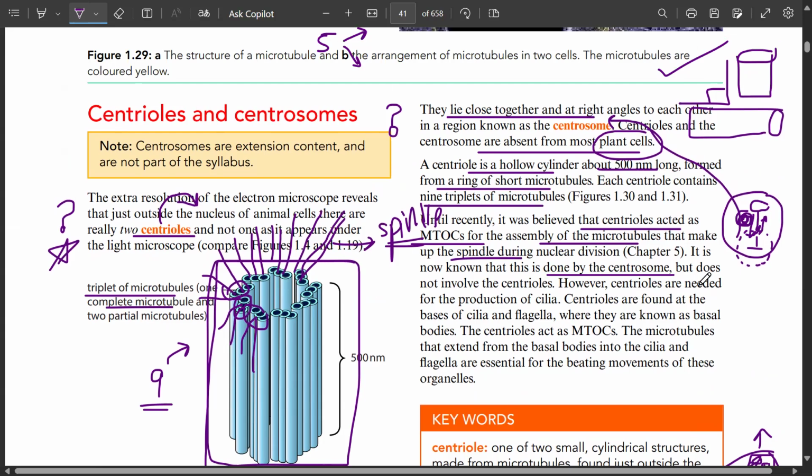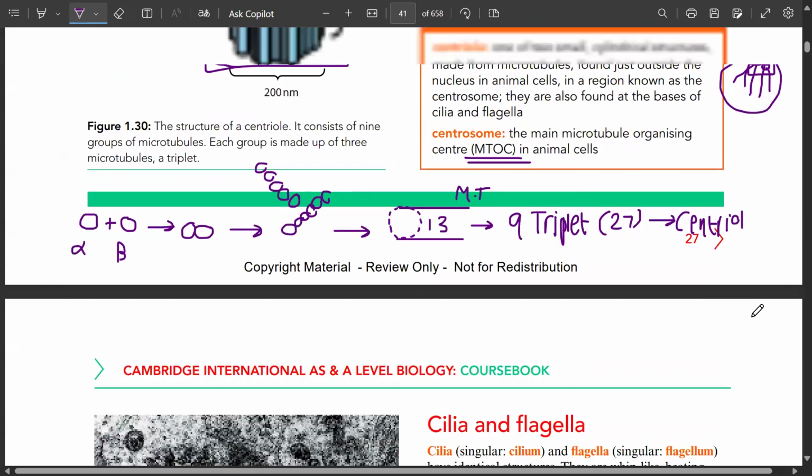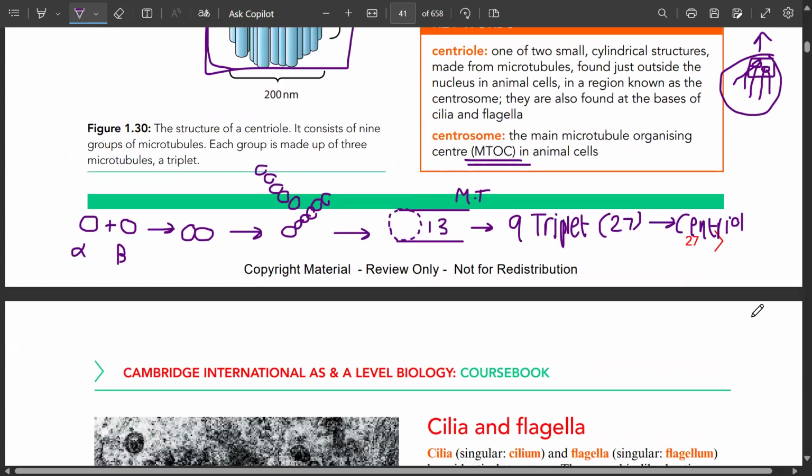So if I ask you, can you tell me what is a centriole? Centrioles are made up of triplets of microtubules and help in cell division. How do they help in cell division?